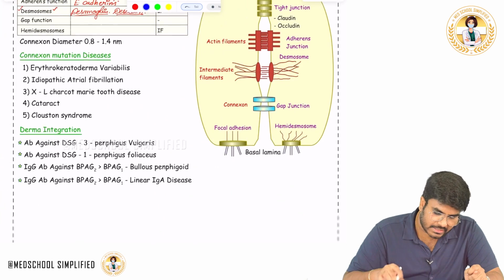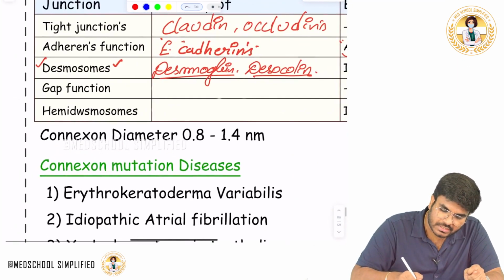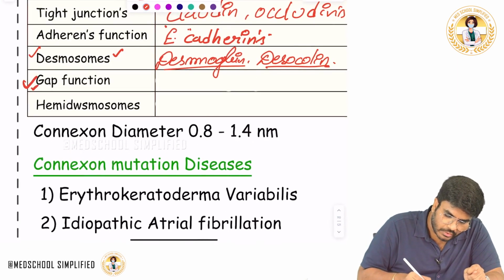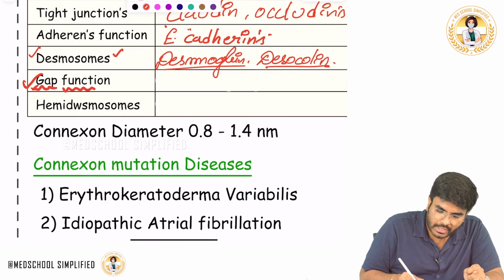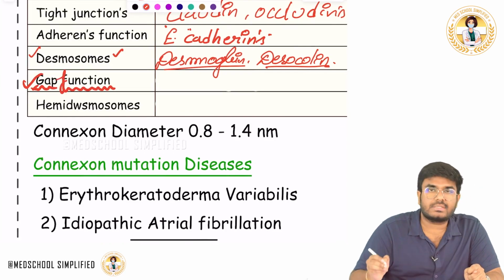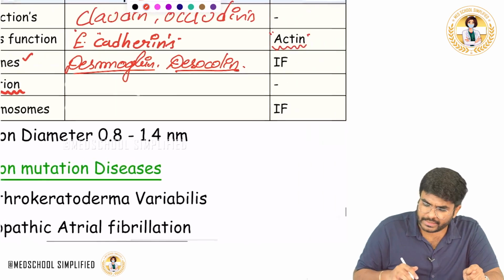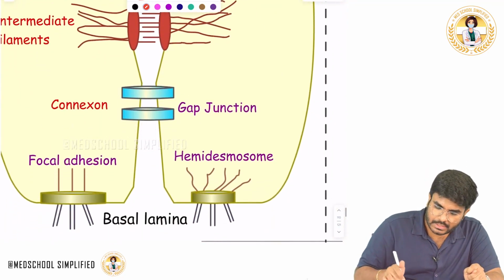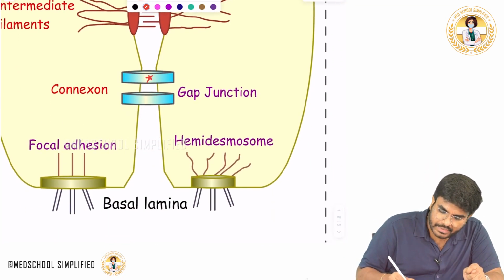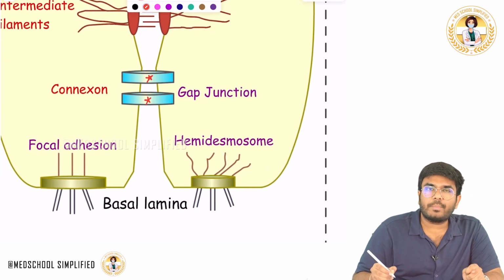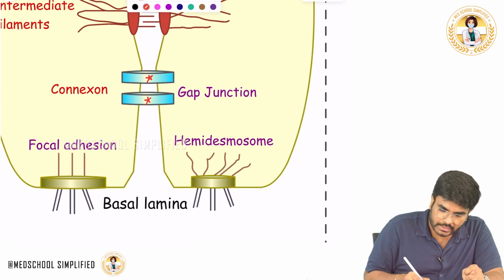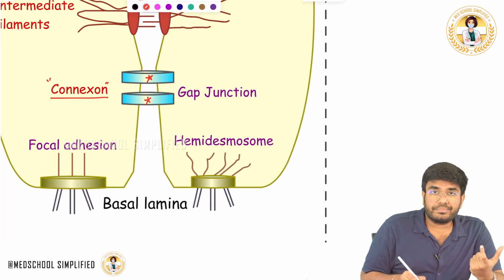Next, let's discuss the gap junctions. In between the cells, you also have these gap junctions. Look here in the diagram. Here there is a gap junction, which is made up of certain proteins called connexons.